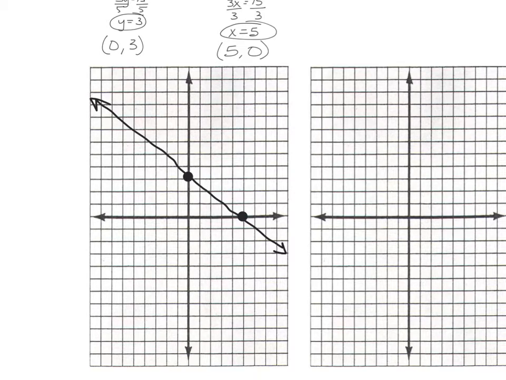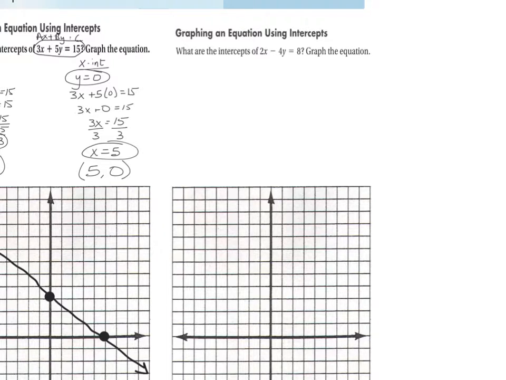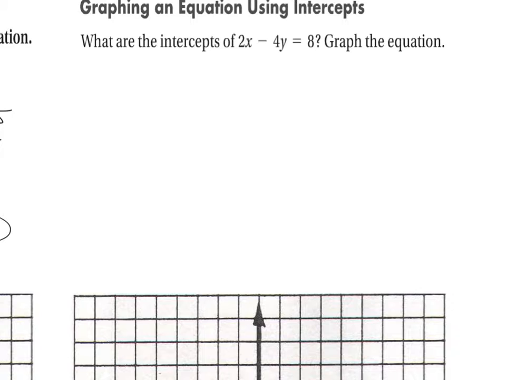All right, so let's take a look at this other example. I'll go through one more for you. We want to find the x and y intercepts of 2x minus 4y equals 8. So we have the x-intercept, and we have the y-intercept.